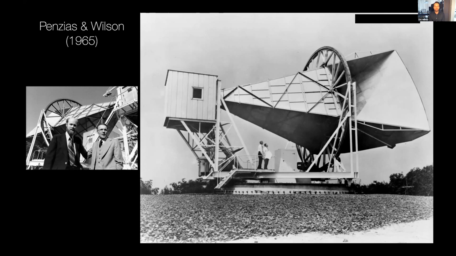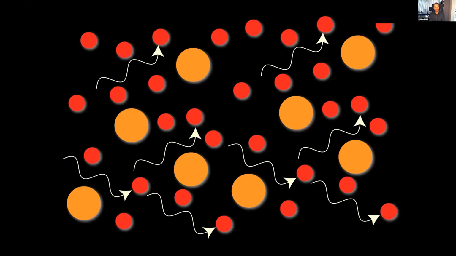So how does this microwave radiation permeating all of space show that there was a Big Bang? What are these microwaves? What are we looking at? Well, in the beginning, the universe was small and dense. Everything was too hot for the electrons to stay trapped in orbit within atoms.